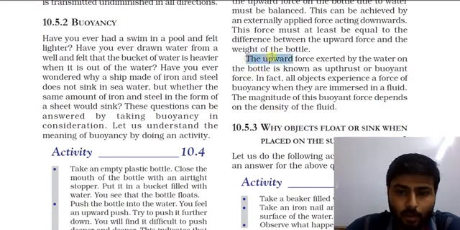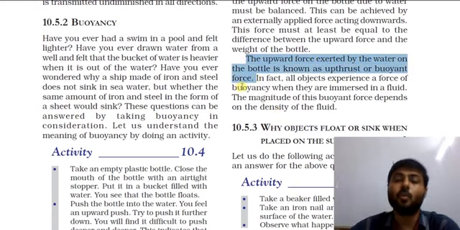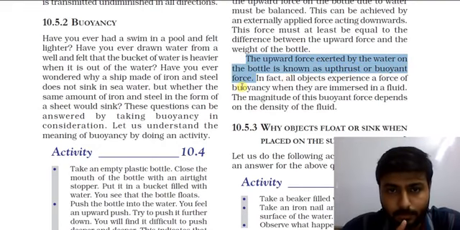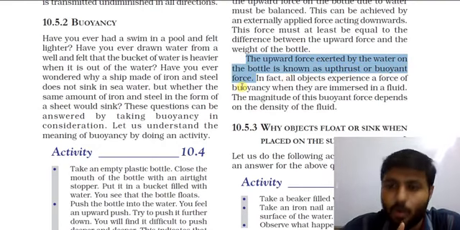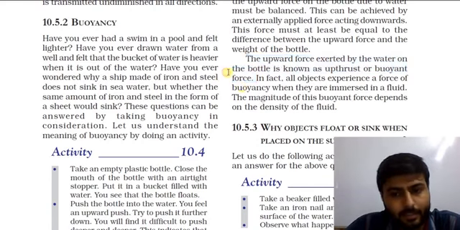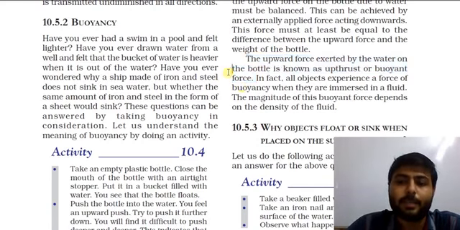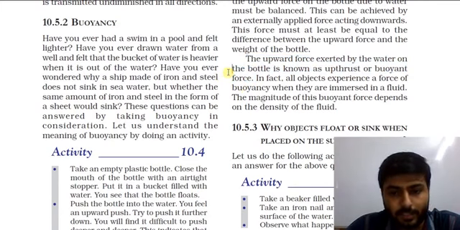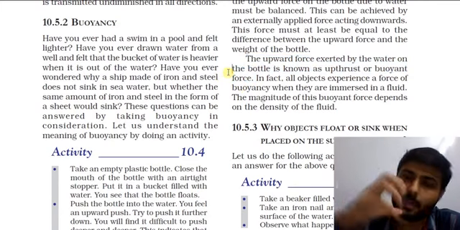In fact, all objects experience a force of buoyancy when they are immersed in a fluid.